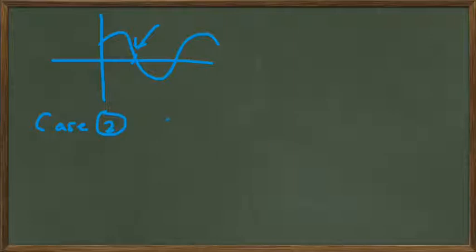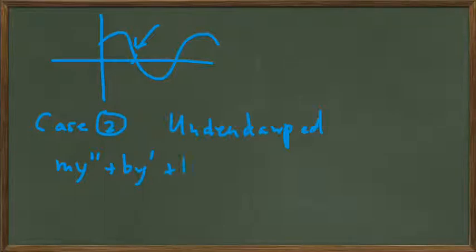Let's look at the underdamped case first. So here we have m y double prime plus b y prime plus ky equals 0.